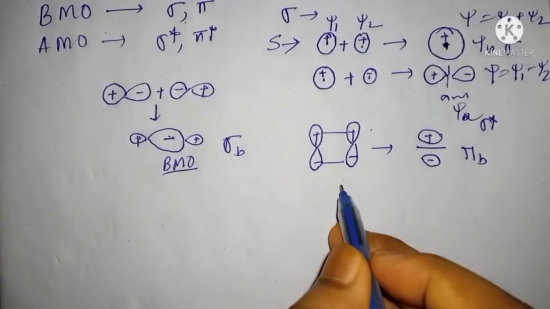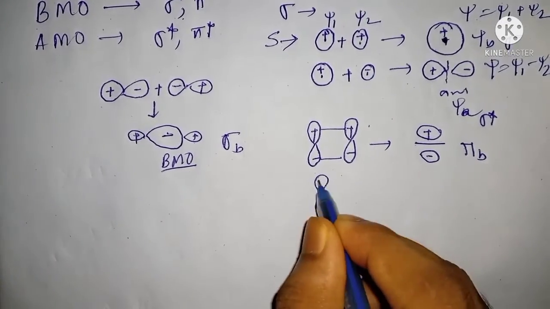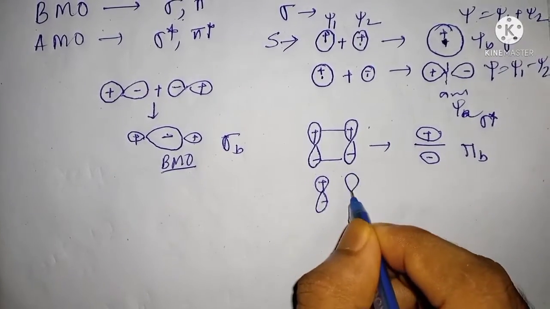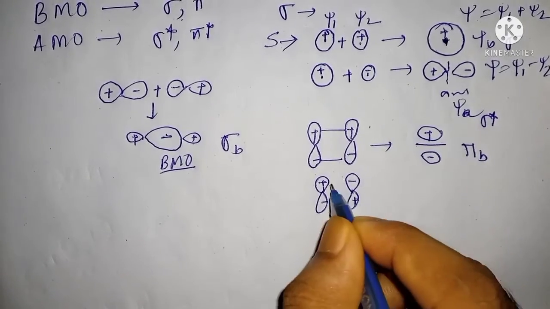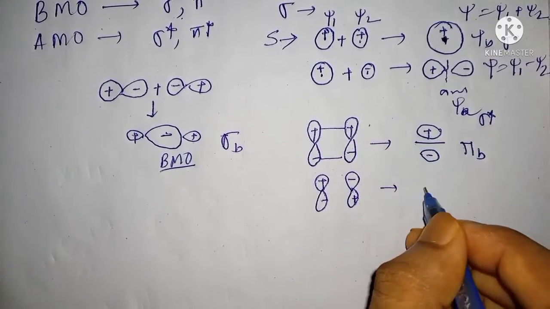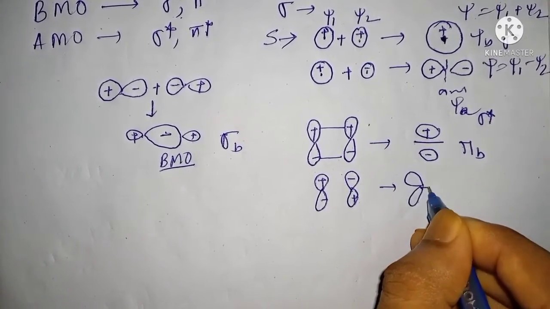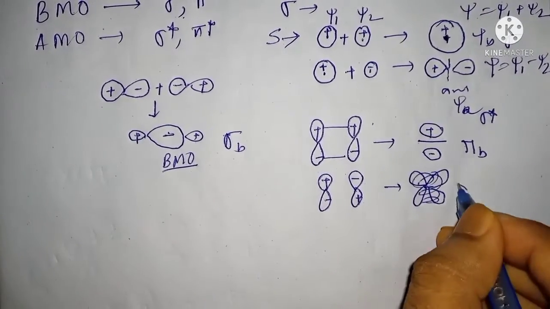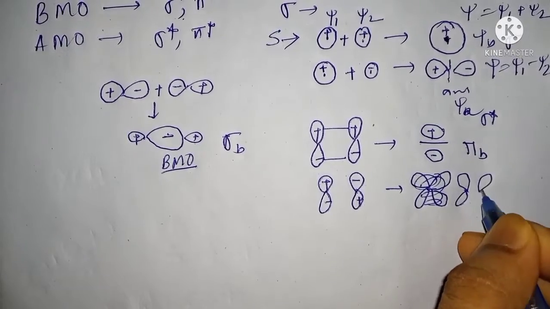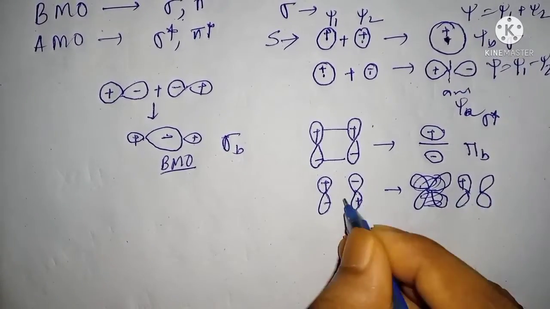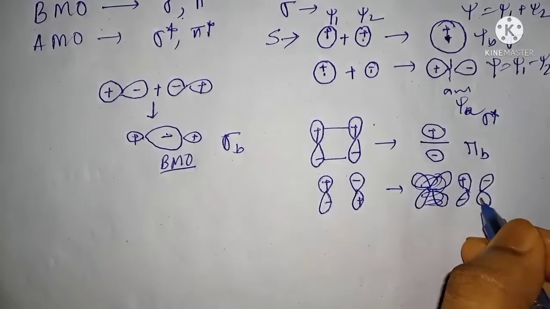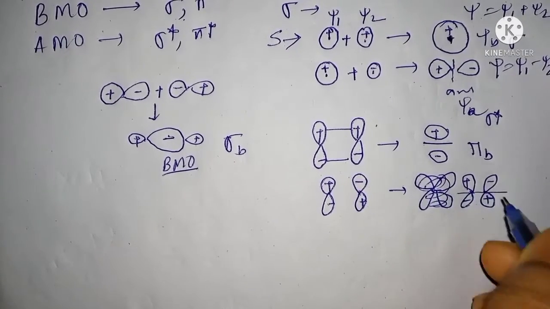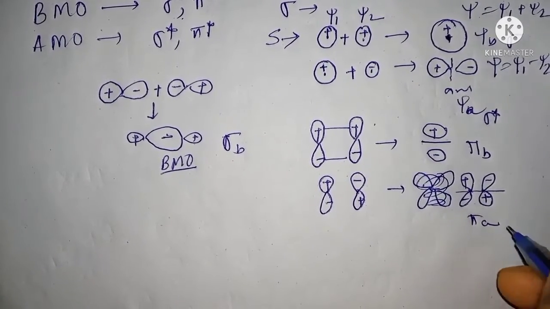But if they differ in sign, suppose positive, negative here and negative, positive there, repulsion is there. So this is pi anti-bonding.